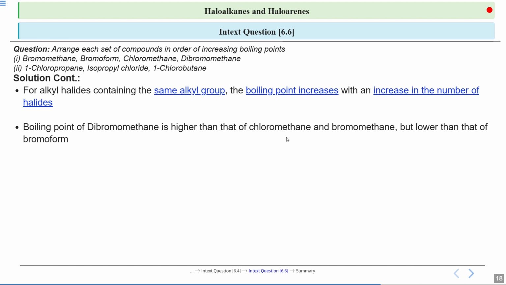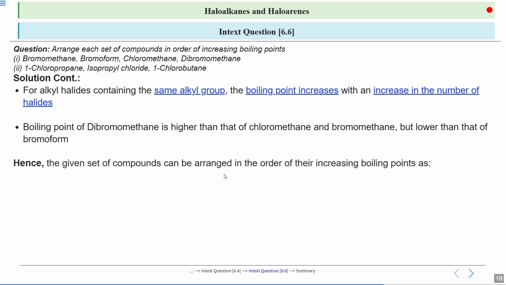Bromomethane has 1 bromine, and chloromethane has 1 chlorine of lower atomic mass. But the boiling point of dibromomethane will be lower than that of bromoform, because bromoform contains 3 bromines.